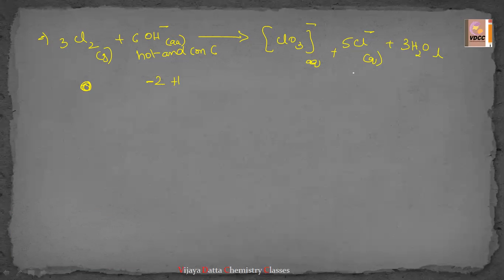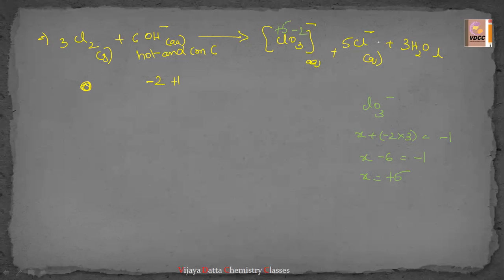Comes to this reaction, ClO3 minus, you want to know. Here chlorine is X plus oxygen is minus 2, and we have 3 of them, which equals the charge, minus 1. So X minus 6 equals minus 1, X equals plus 5. So what is the chlorine's oxidation state here? It is plus 5. Again oxygen is minus 2 only.